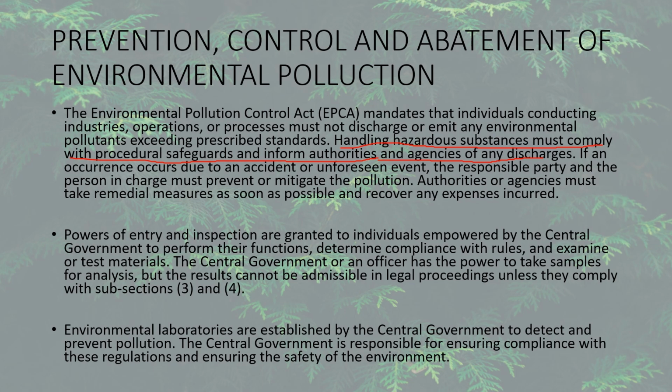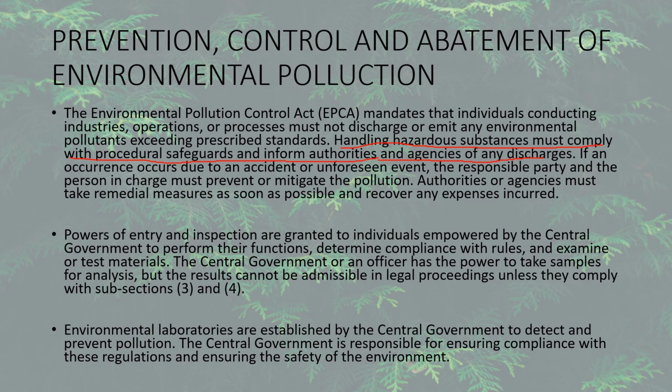So, there are hazardous substances. There should be a procedural safeguard, there should be protection on how to prevent this hazardous substance, and you have to inform the authorities and agencies if there is any discharge.